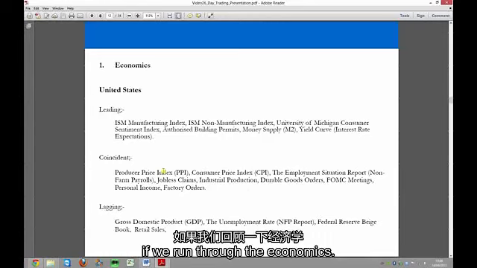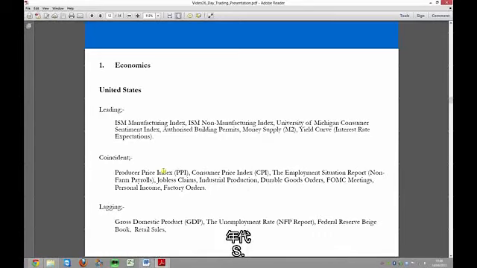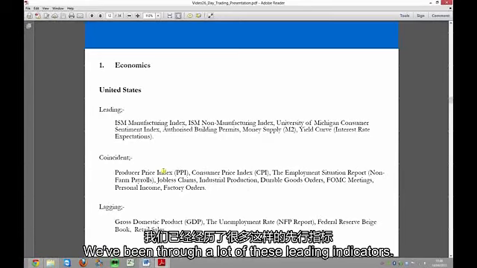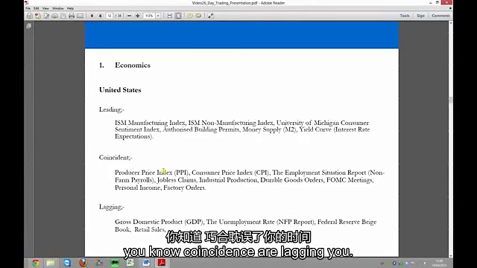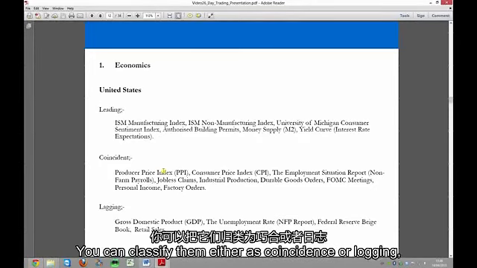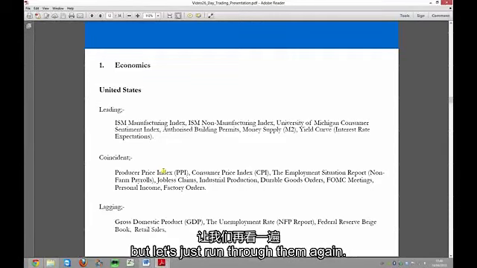Now if we run through the economics, in the US we've been through a lot of these leading indicators, coincident and lagging. Some of them, coincident and lagging, you can classify either as coincident or lagging, but let's just run through them again.